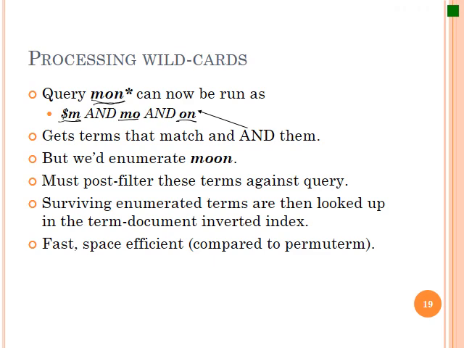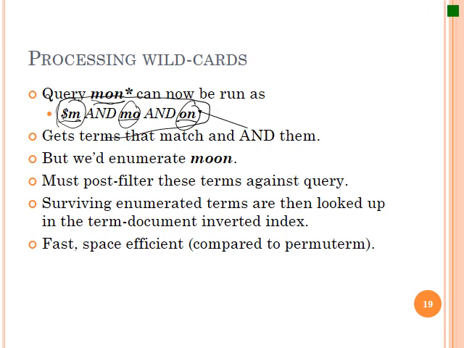Then you modify this query into this new Boolean query, where you search for this, this, and this in the secondary index. Then you get all the terms that match these 3 bigrams individually and intersect them.